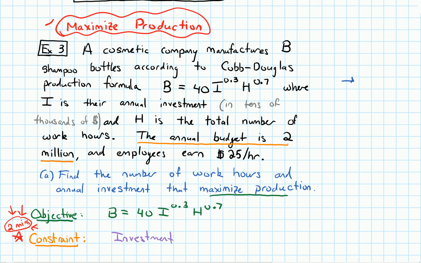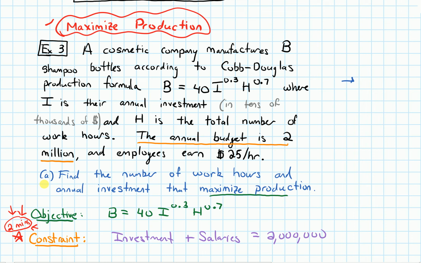And then they pay their employees money for how many hours they work. So I'm going to call that salaries. Investment plus salaries. Those are going to add up to $2 million. That's their budget on this.